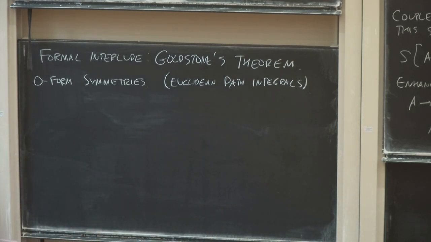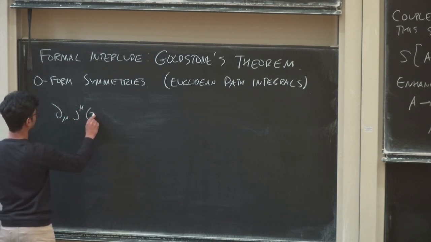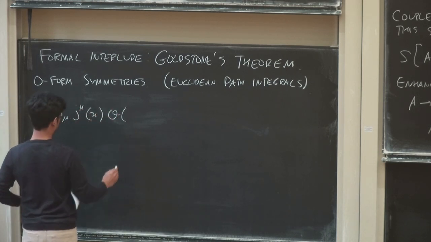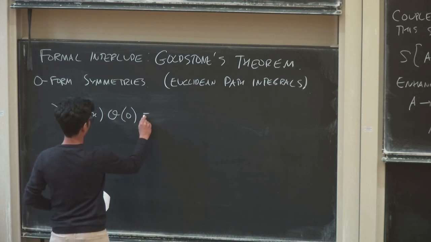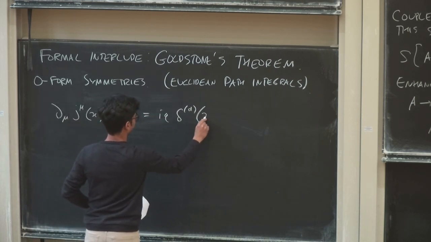Okay. So Goldstone's theorem tells you that when a charged operator has a VEV, meaning the symmetry is spontaneously broken, there's a gapless mode. The minimal ingredient we need is the definition of the charged operator, which, if you remember, is basically this. There is the following Ward identity.